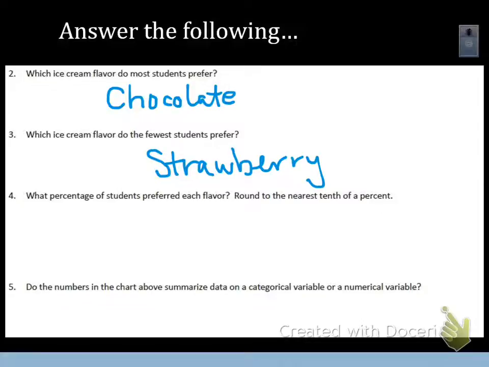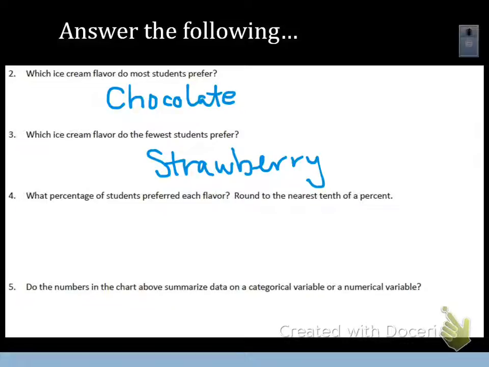Okay, another question. What percentage of students preferred each flavor? Round to the nearest tenth of a percent. All right, so this takes us back to our probability knowledge.